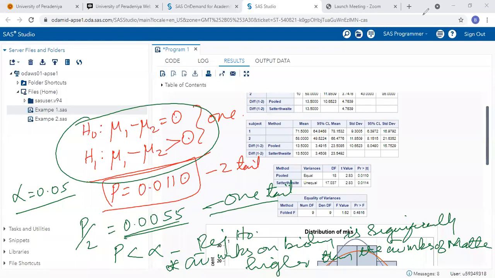If it is a one-sample t-test, how you do it. If it is a pooled t-test, how you do it. If it is a paired t-test, how you do it. That is the second important thing that you should remember. Third, you should be able to interpret the results. The computer will never interpret for you. You will have to interpret by yourself.